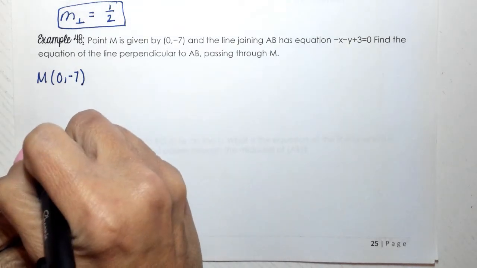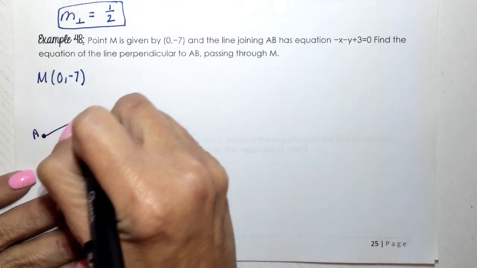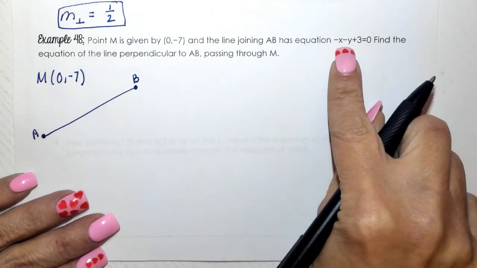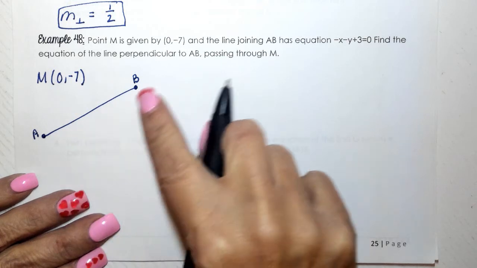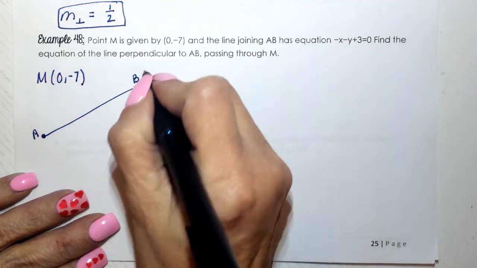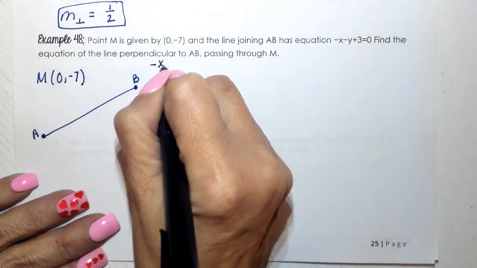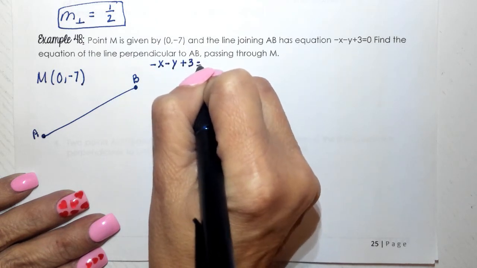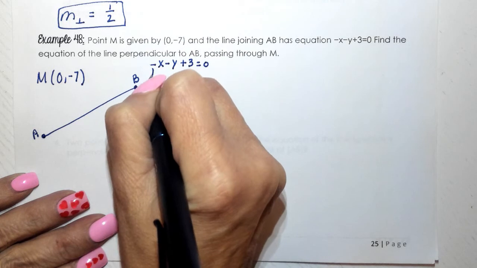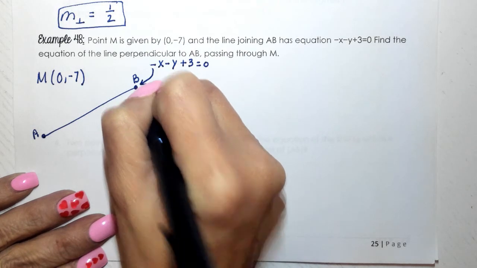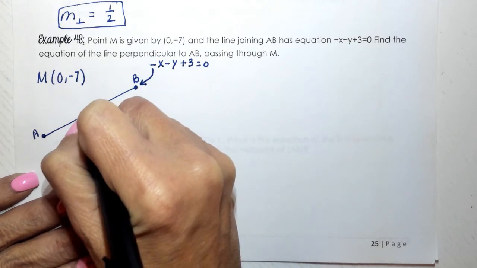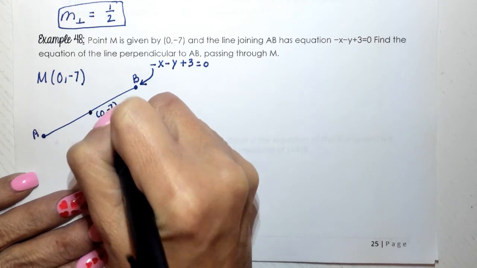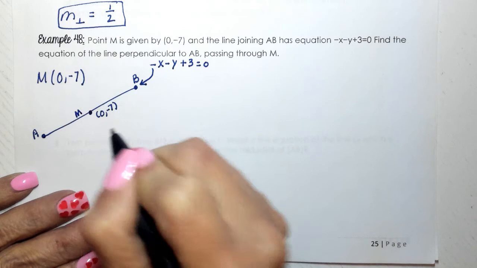So let's do this. We're going to say A and B. That line right there is this line right here, okay? So let's say negative x minus y plus 3 equals 0 is that right there. And then M is 0, negative 7. That's M. Okay, that's what we know.